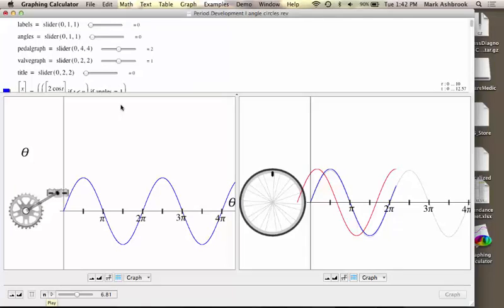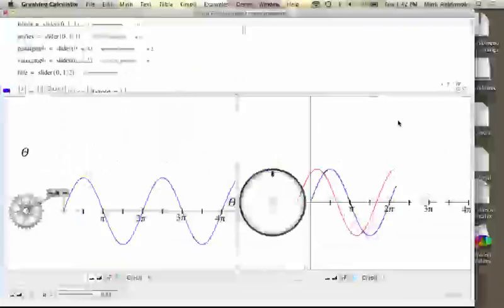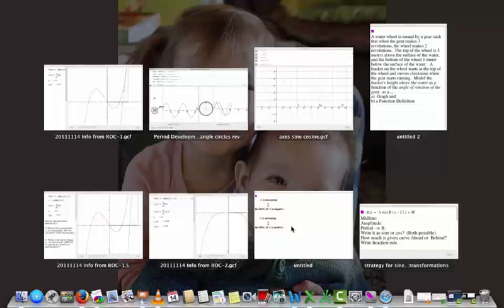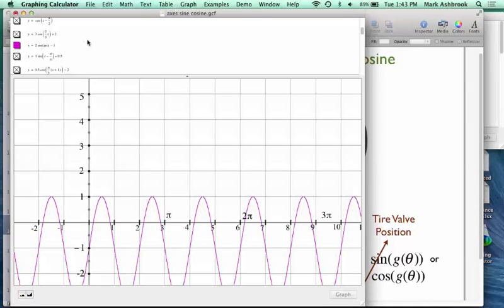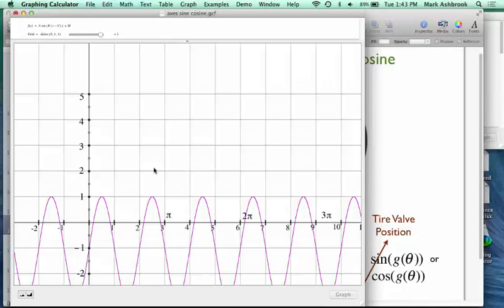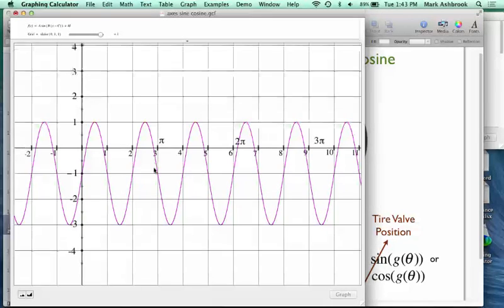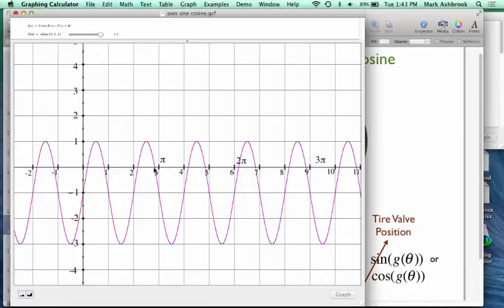So let's do an example here. Now we've got everything we need to write sine and cosine functions given the graph.